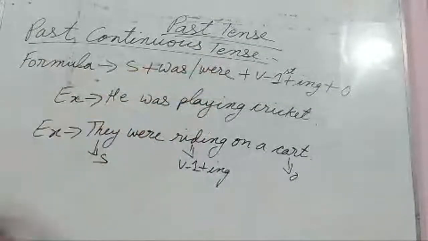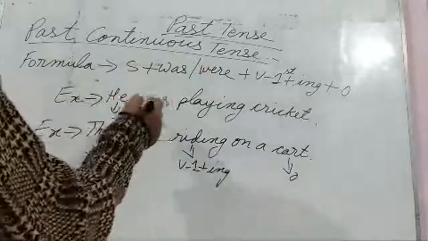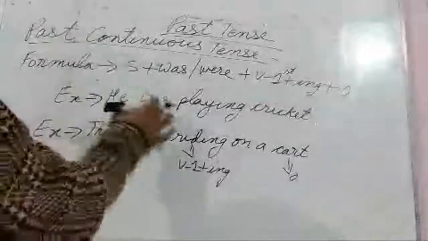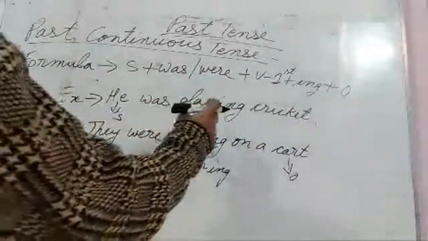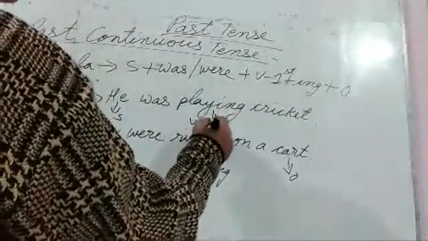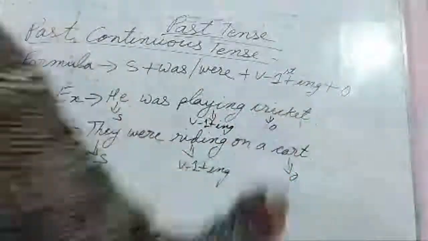Here he is the subject. We are using was because subject is singular, and it is in the past tense also. So was playing, verb of first form plus ing, and cricket is your object.